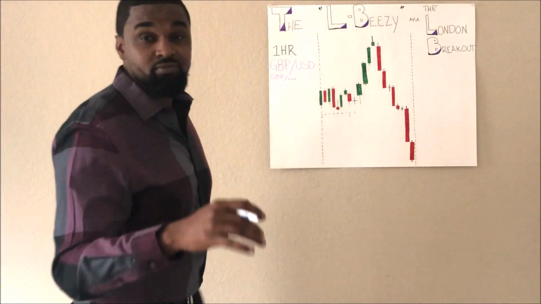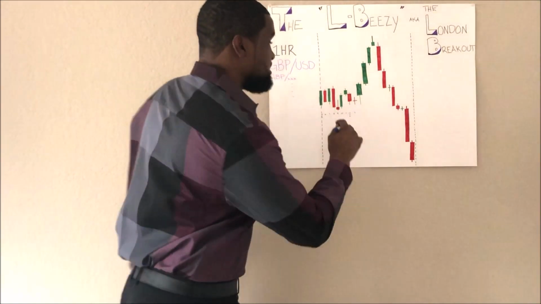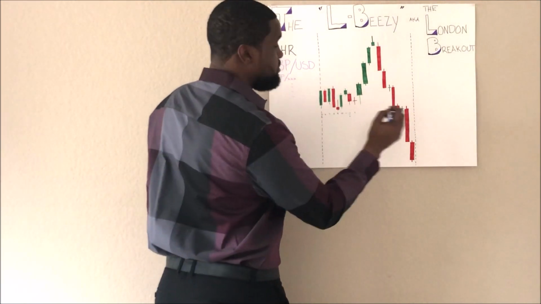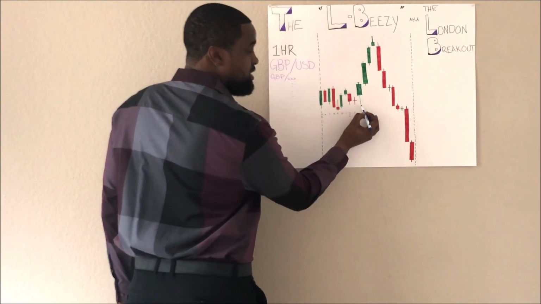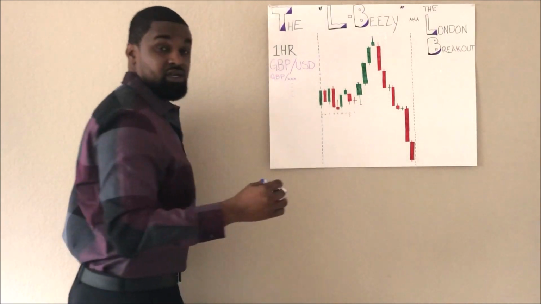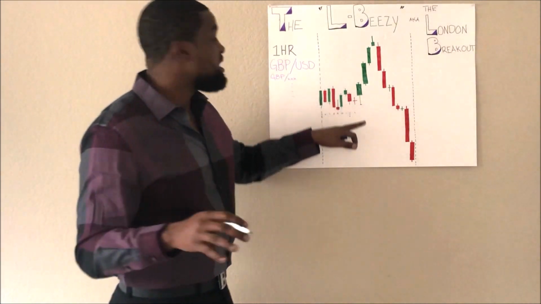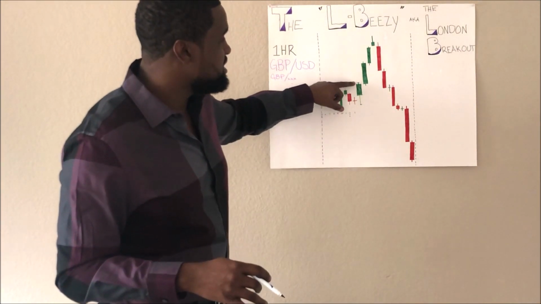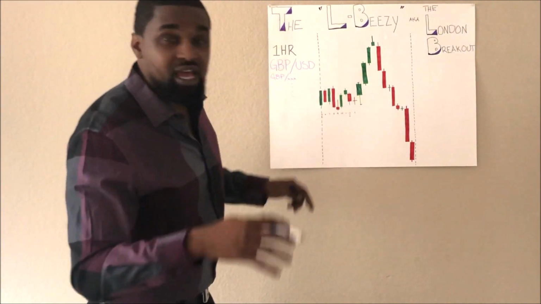First thing we do, we find the wick positions for the 2 a.m. candle. So when I say wick position, that means the highest point and the lowest point of your wick positions of the 2 a.m. candle, right? So you get the high point, the highest it went, and the lowest it went for that hour.